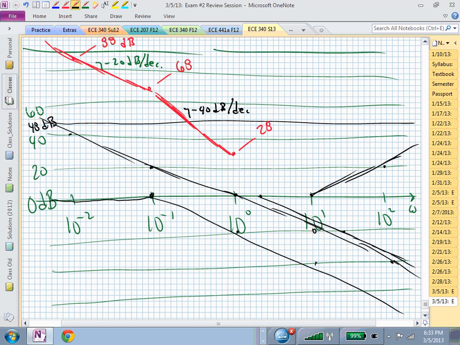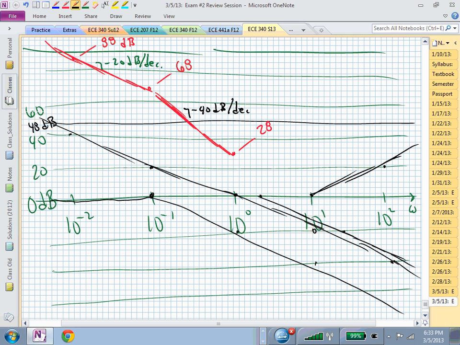Then what happens? Well, I'm still sloping at that same rate until I reach 2. This is 1, so that's an octave, isn't it? So how fast am I going down in terms of an octave span of frequency? 2 poles worth, right? And each pole gives me 6, so I'm going down 12 dB in an octave.